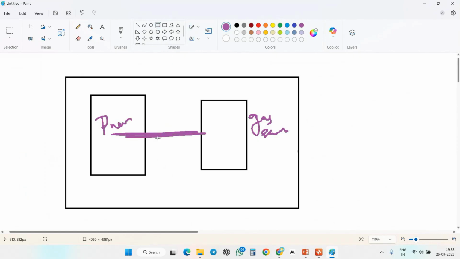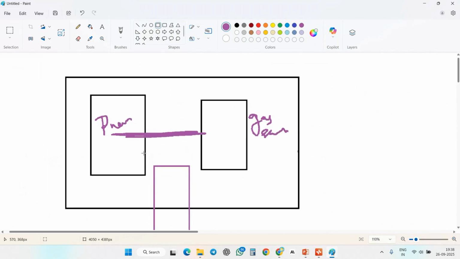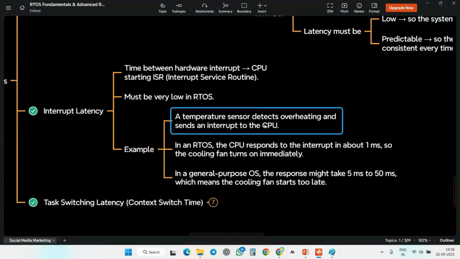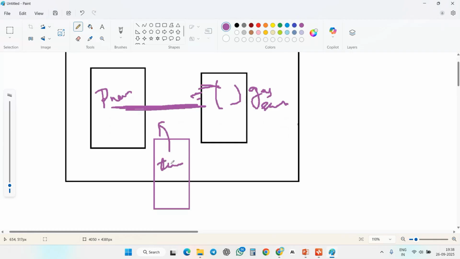In the third scenario, your temperature sensor comes in. Look at this example: the temperature sensor detects overheating and sends an interrupt to the CPU. The gas sensor is already giving normal data. If the temperature sensor detects overheating, it produces a high value.